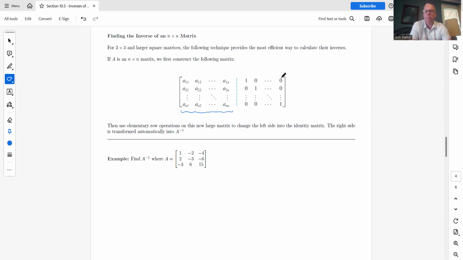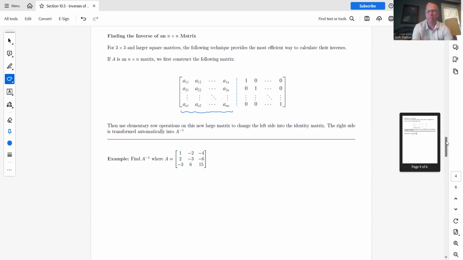And then we're going to do row operations, and we're going to reduce this side to reduced row echelon form, which will be the identity matrix if it is invertible. And then whatever we get over here will be the inverse. So let's see how that works.